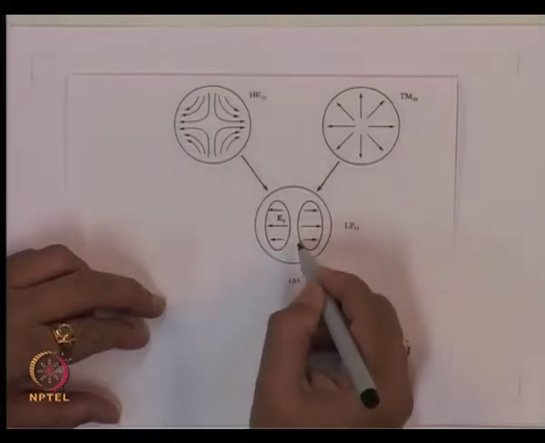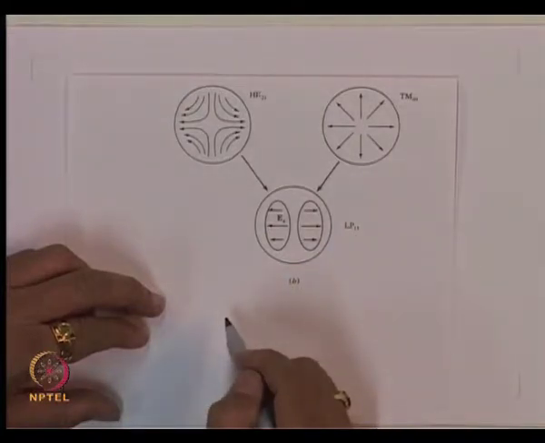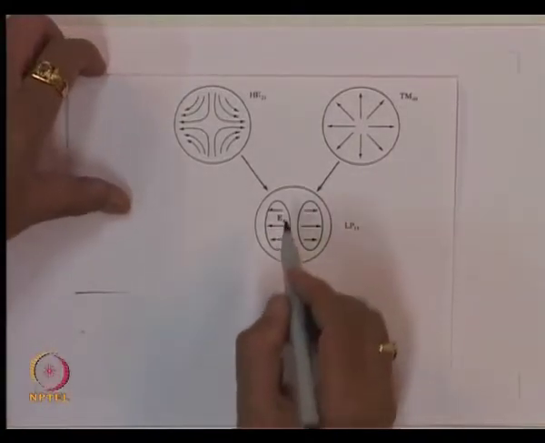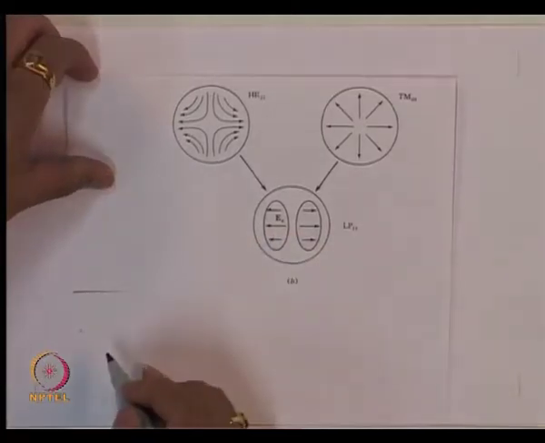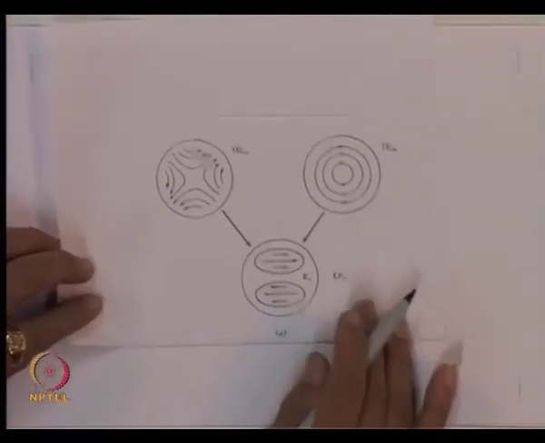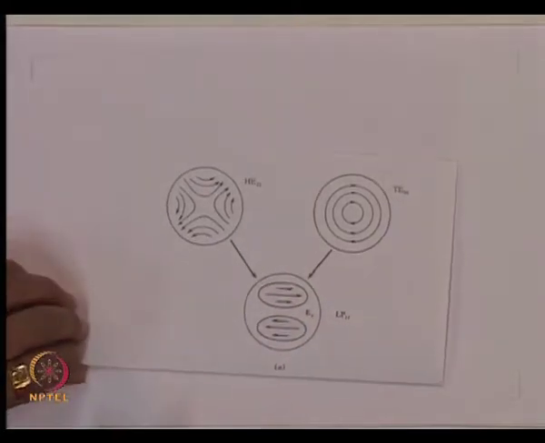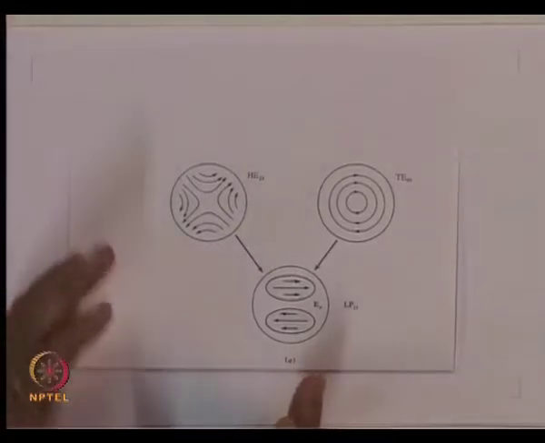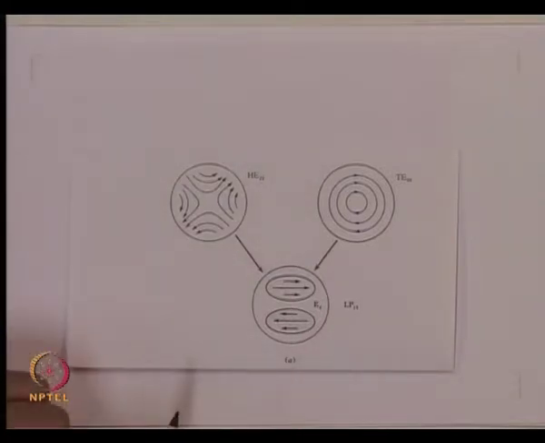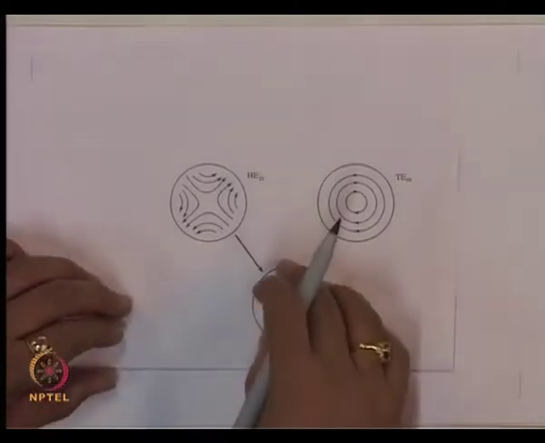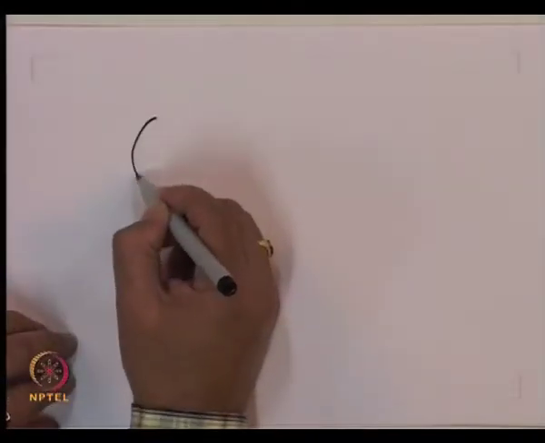Again you see in the azimuth direction you have a one cycle variation, so it is an LP1 mode. So, for the LP11 mode there are two possibilities. One is that I have these two intensity blobs and the electric fields are going like that, or we have the two intensity blobs and the electric fields are like that. In fact there are four possibilities for the LP11 mode, because for each of these I can orient it by 90 degrees.